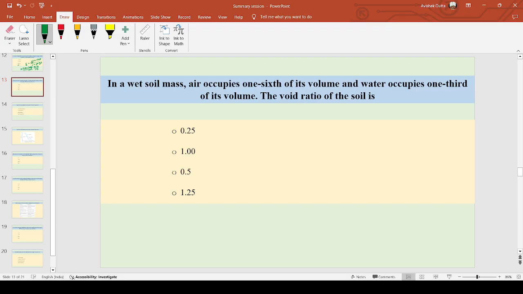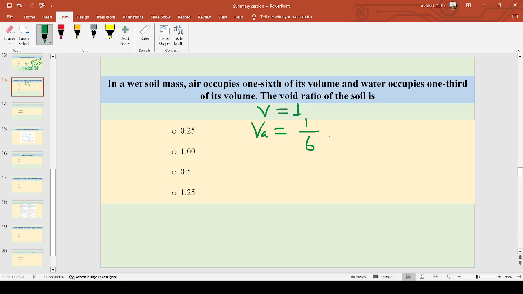So, in this question, we have been given the volume occupied by air. If we write like this at first, volume occupied by air equals 1 by 6, supposing the total volume is 1.